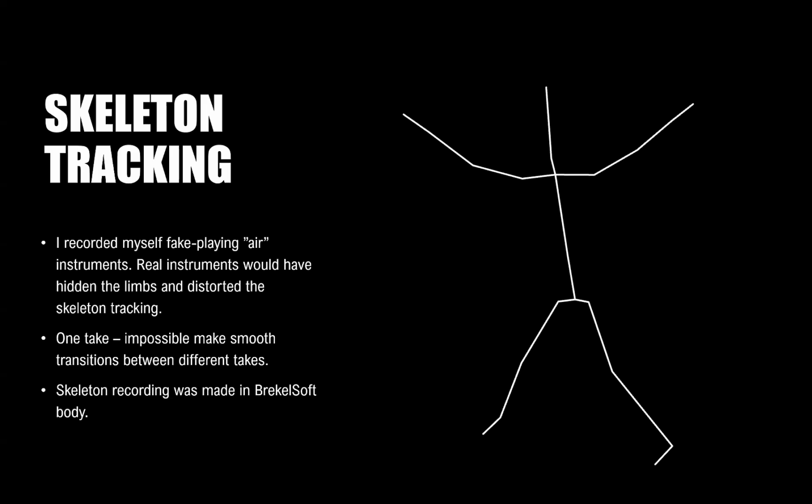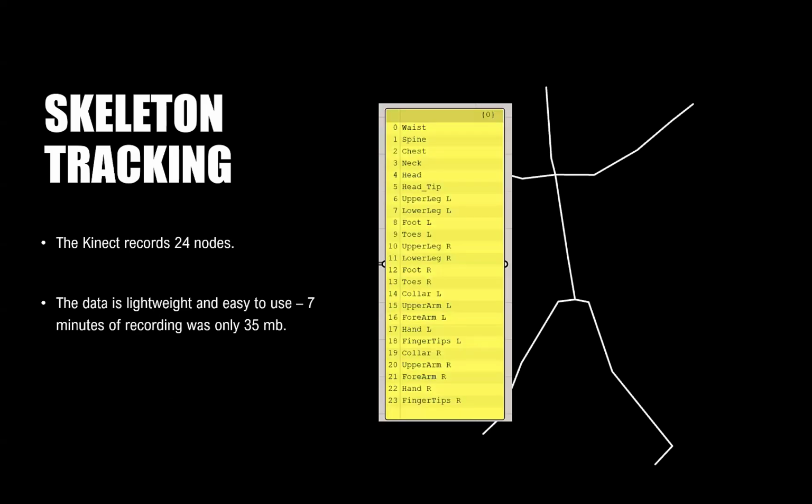And as I said, I used Brekelsoft Body to record the data. It has a couple of different softwares, and it can use some different cameras, not only the Kinect. It records 24 nodes for the body. I didn't use every single one of them, but most of them.